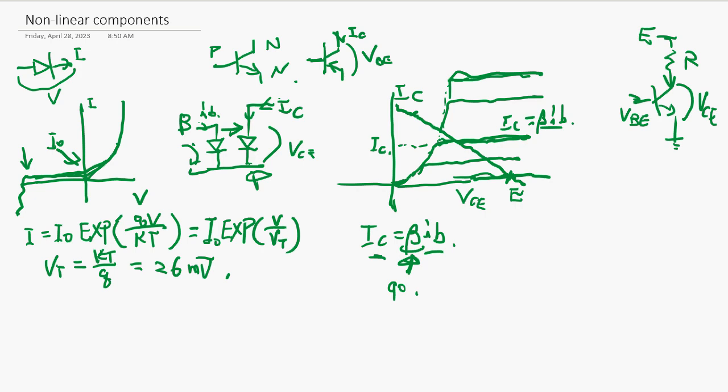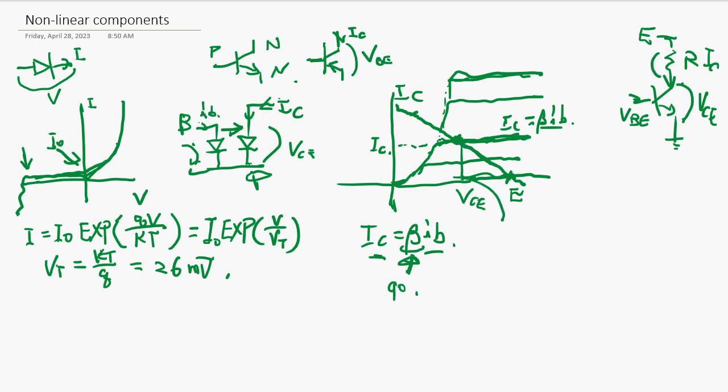When IB increases this way, this voltage drops because this current is IC, and R times IC causes a voltage drop.